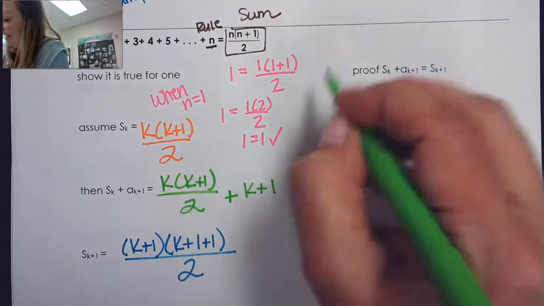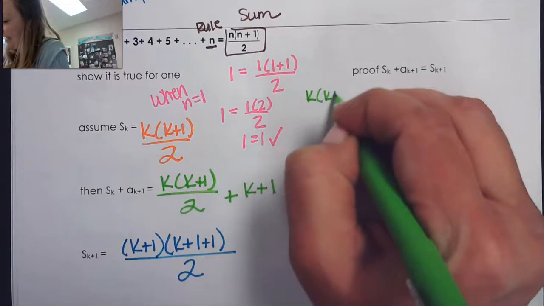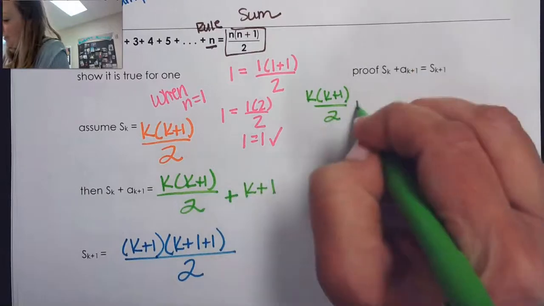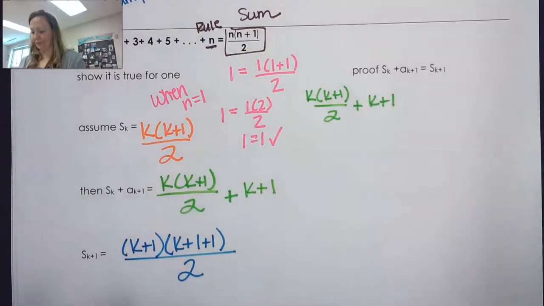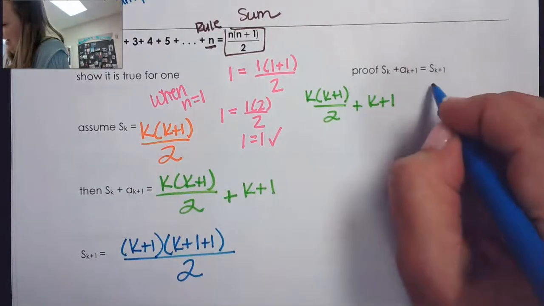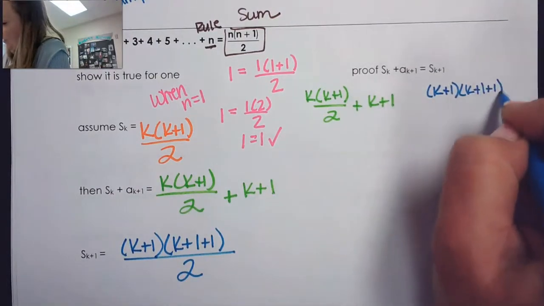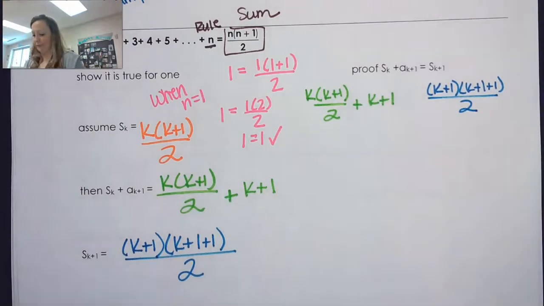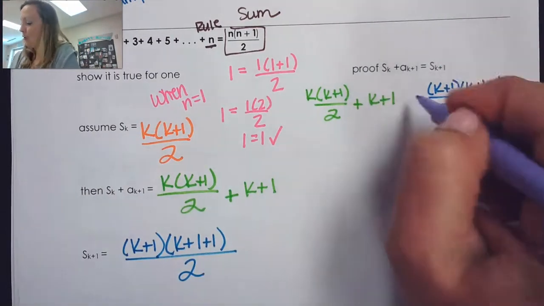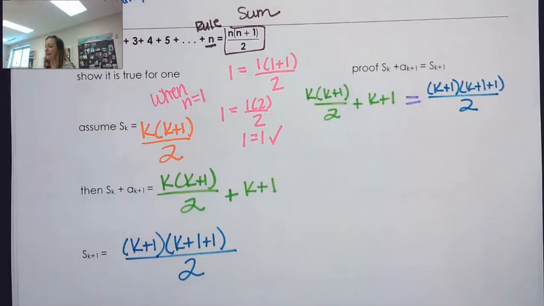Here I got k times k plus 1 over 2 plus k plus 1. And then here I got k plus 1 times k plus 1 all over 2. And I want to show that those two things are equivalent.